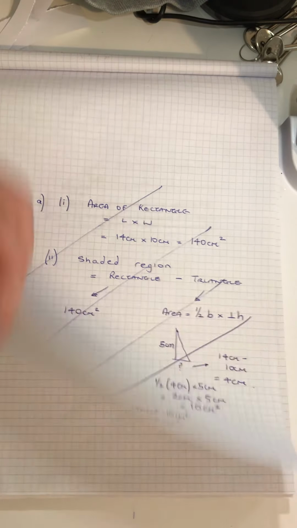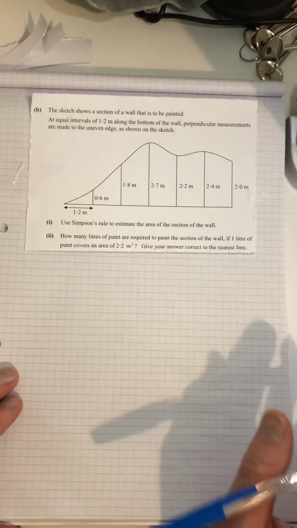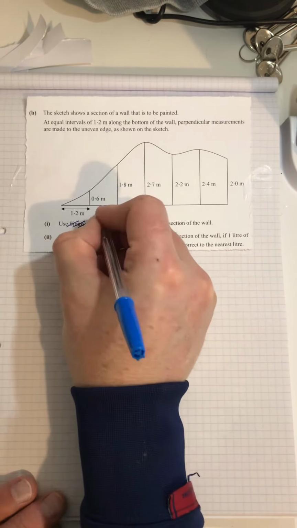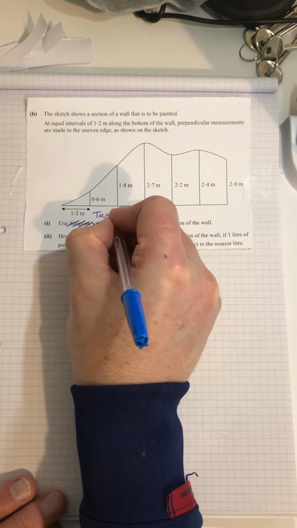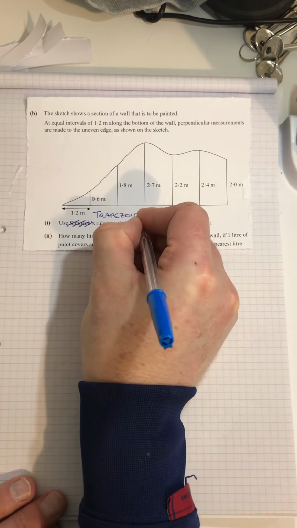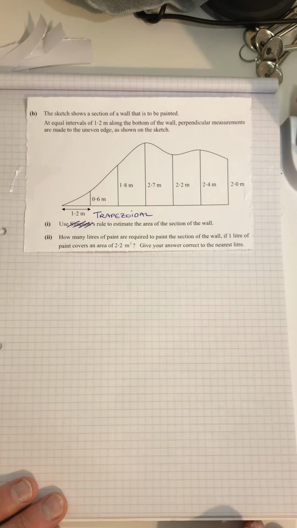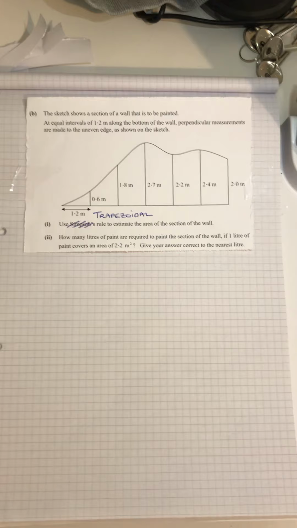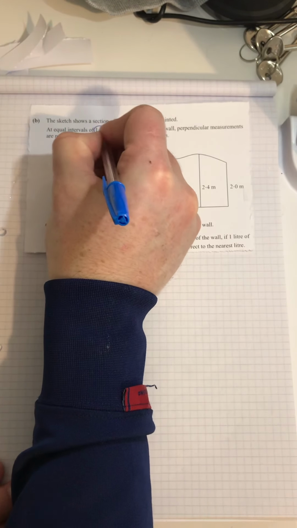Now we're on to part B. And here I just said, ignore this word Simpson's rule. They're both the same. We're using the trapezoidal rule now. So the sketch shows a section of wall to be painted at equal intervals of 1.2. That's important.